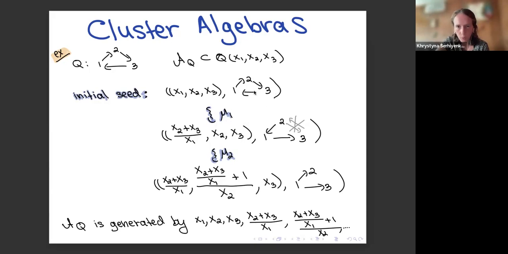You look at the arrows going into 1. You only have 1 arrow from vertex 3, which means I'm going to take x3, the cluster variable associated to position 3. I have a single arrow going out, going to vertex 2, which means I'm going to take a single variable at position 2, x2, and I add them and divide by the old variable in position 1, x1. So that's my new set of cluster variables.